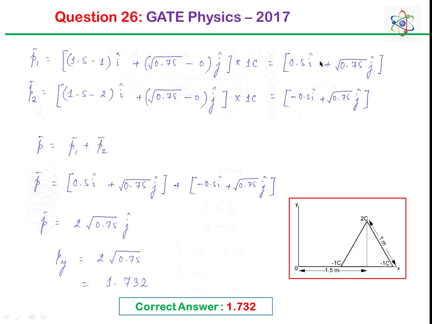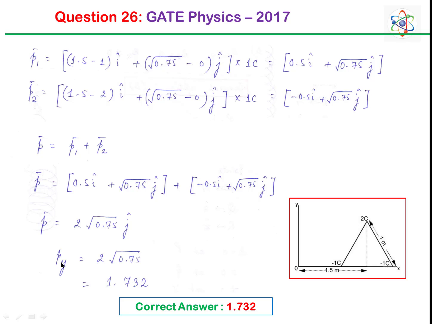So we have got P1 and P2, and therefore we can get this P, which is simply P1 plus P2. Adding P1 and P2, that will give me P equals 0.5 i plus root 0.75 j plus minus 0.5 i plus root 0.75 j, and we can easily see that this 0.5 i and this minus 0.5 i are cancelling, and therefore we are left with P equals 2 root 0.75 j, and this is nothing but the y component.